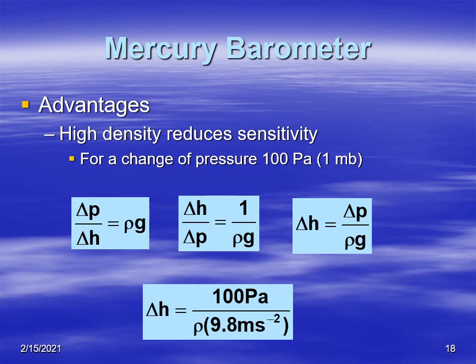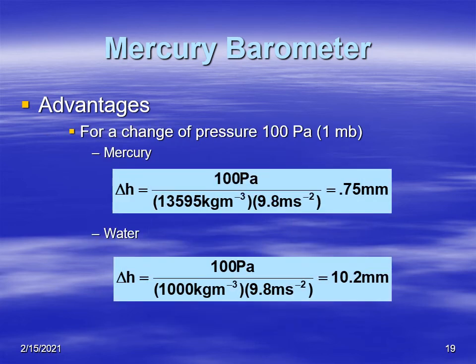So here is our equation. On top we have 1 millibar, which is equal to 100 pascals. In the bottom of the equation, we have gravity, which is 9.8 meters per second squared. And we also have density. This is where we're going to vary the density and look at the change in the height of both a mercury and a water barometer. For the mercury, the density is 13,595 kilograms per meter cubed.